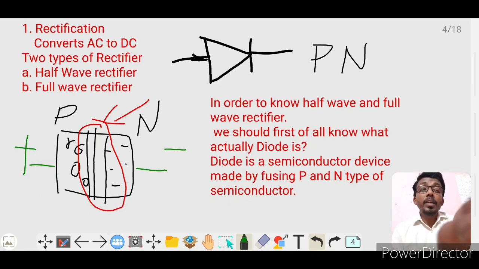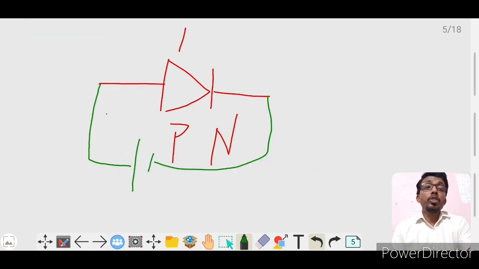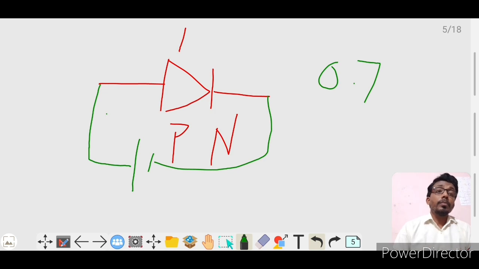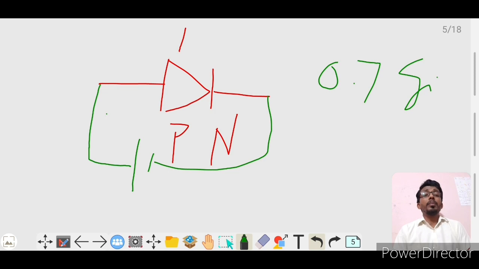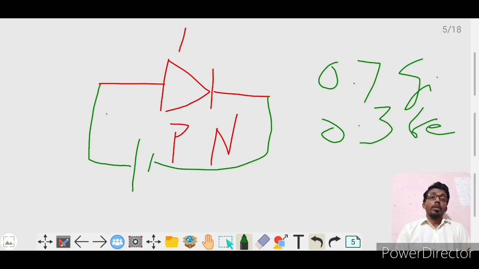As this depletion layer decreases, at a certain point, say 0.7 volt for silicon approximately, because as the impurity changes and other semiconductors are used, this 0.7 value may change. So approximately 0.7 for silicon and 0.3 for germanium.